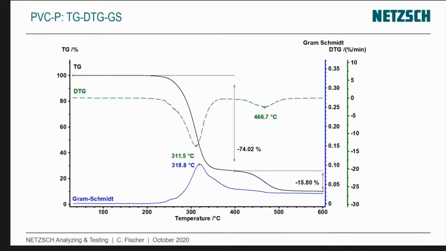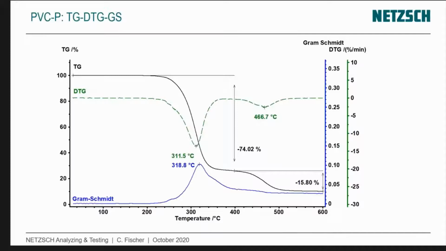Here we now see the thermogram of plasticized PVC. Two mass loss steps of 74 and 16% were detected, with peaks in the DTG curve in green at 312 degrees C and 467 degrees C.